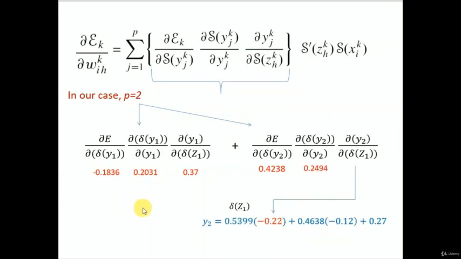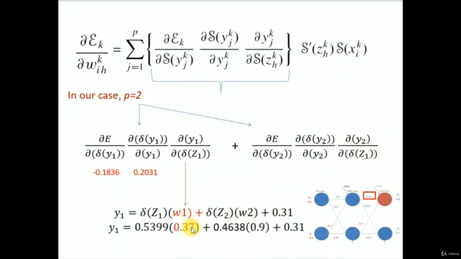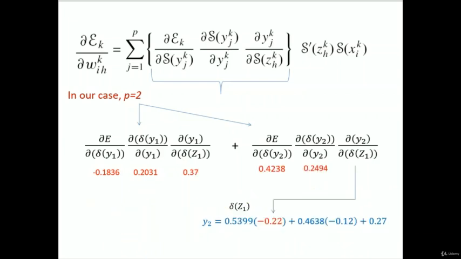And finally the last term, the derivative of your input, but this time it's the net input value of the second neuron. It's exactly the same as this equation, but rather than y1 we have y2. So in this case the derivative is w2, which is exactly what we have right here, negative 0.22.